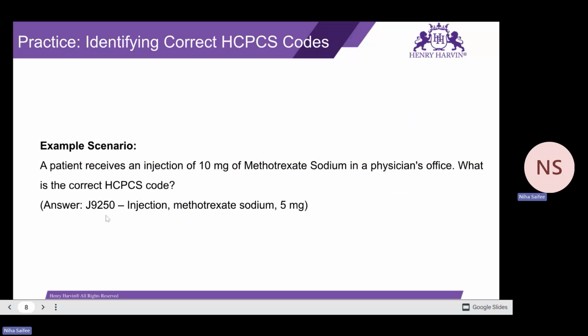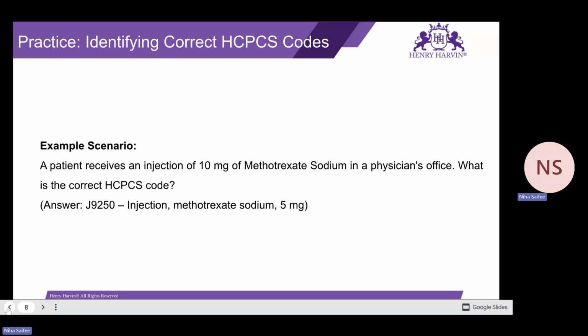So we'll see some examples of HCPCS coding. A patient receives an injection of 10 milligram of methotrexate sodium in a physician's office. We are talking about the physician office, that is your regular clinics. What is the correct HCPCS?